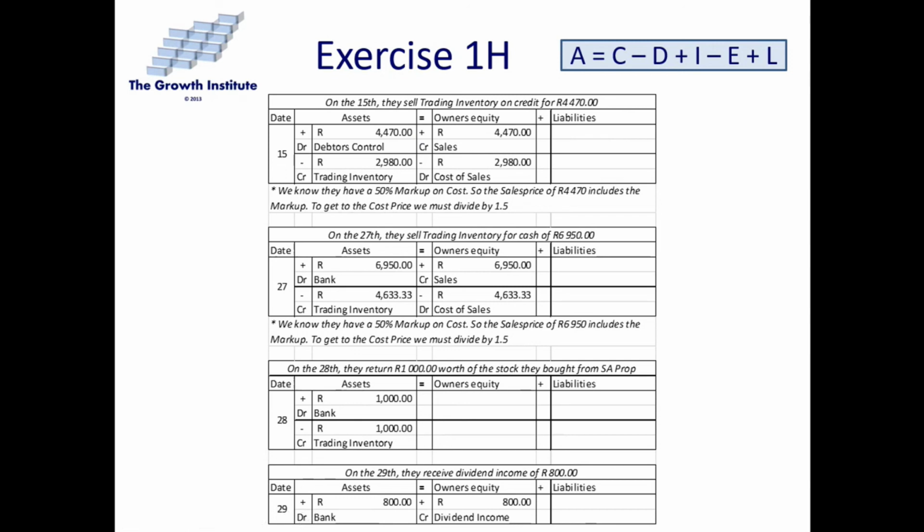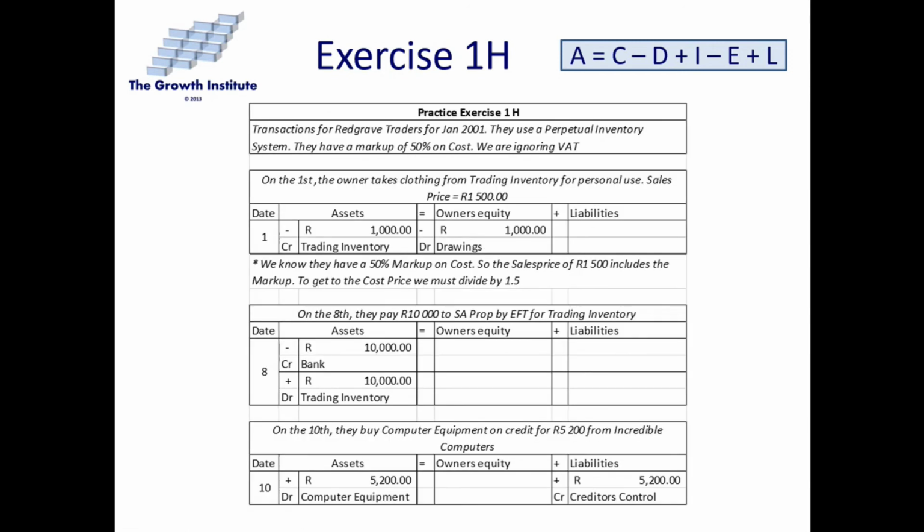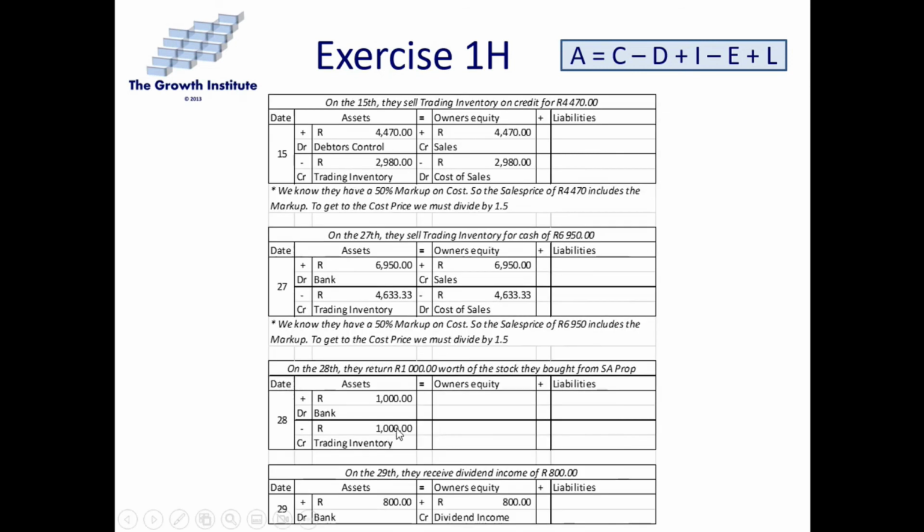Remember, this is from the previous slide, where they bought the 10,000. Now they are just taking 1,000 Rand of that back. And then on the 29th, they received dividend income of 800 Rand. That money goes into the bank, and the owner's equity is also increasing, but on the credit side, and the contra account is called dividend income.